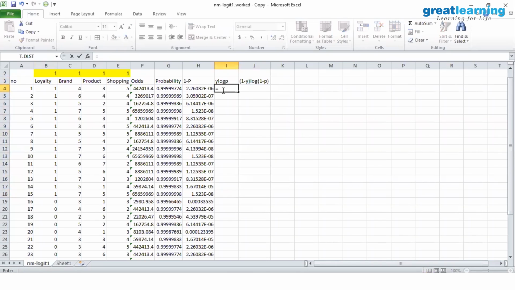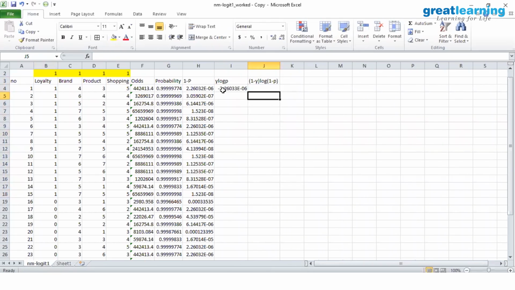We'll see: y into log probability. Similarly, 1 minus y into log 1 minus probability, which we have derived.